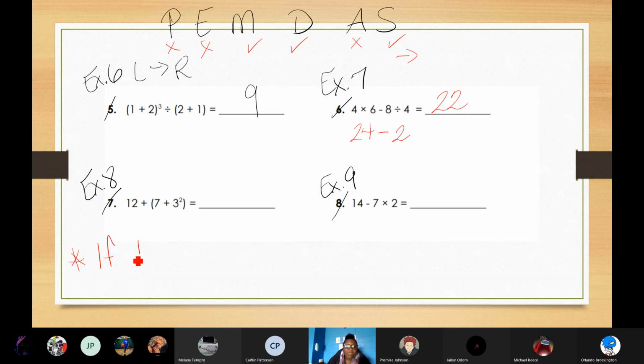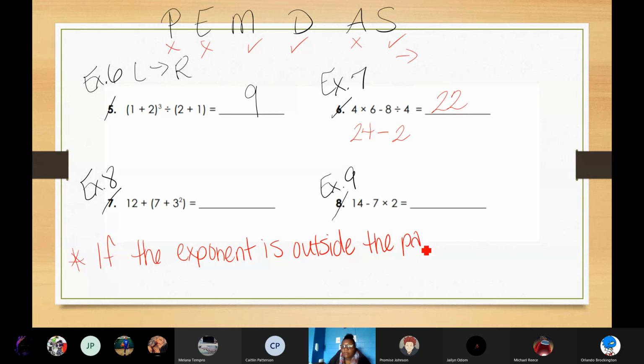If the exponent is outside the parentheses, you are, how do I say this?